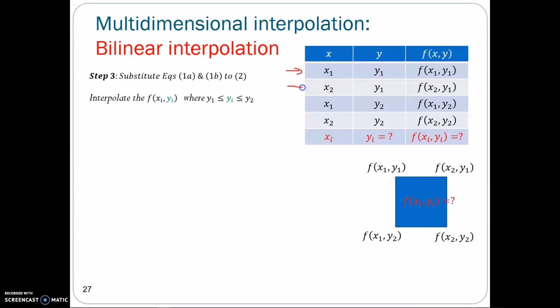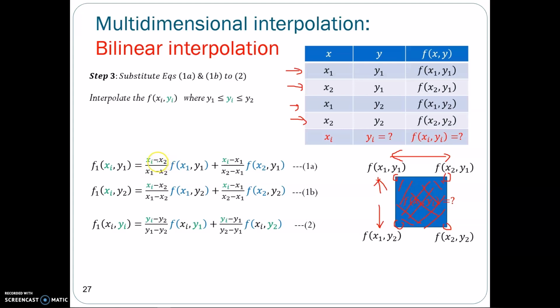We have 4 given points here, and in graph you can draw this point at here, and you want to interpolate the fxi, yi, where your xi is from this point to this point, and your yi is from this point to this point. So you form a plane. So this plane is the function that you want to interpolate.